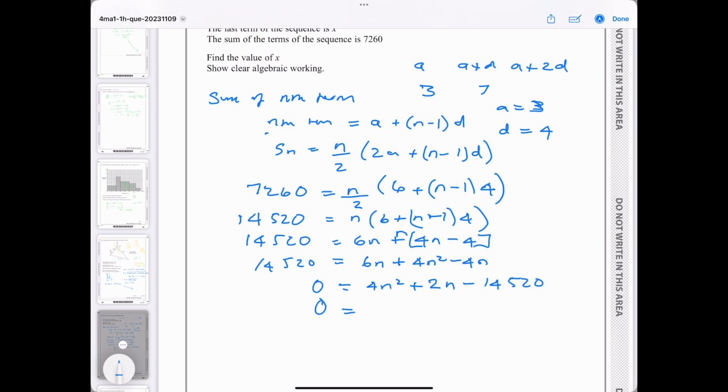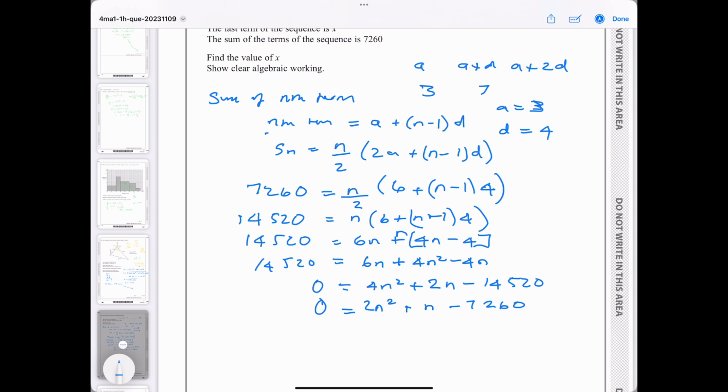I want to make that 2n squared plus n, minus 7260. I don't think that could be right. I think it's 7260, because yeah, that's fine.